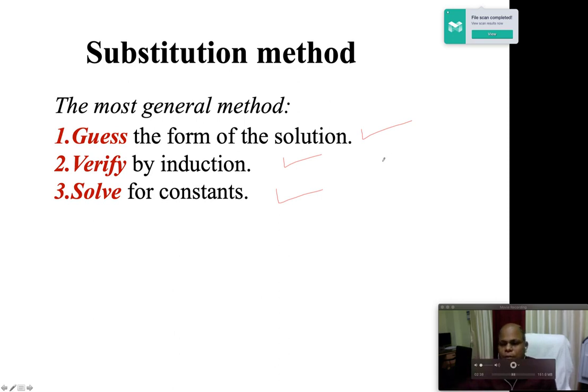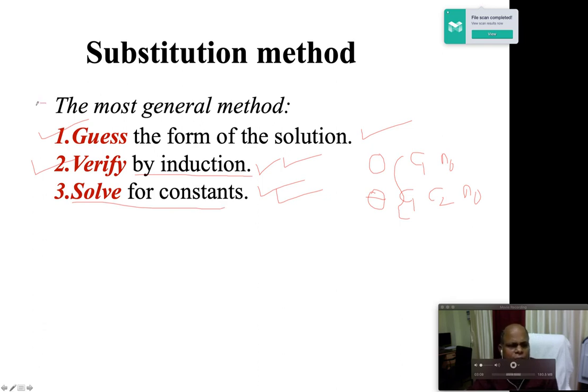For big O notation, the constants are C1 and n0. For theta notation, there are two constants, C1, C2 and n0. All these constants you will solve for. Hence, in the substitution method, you guess the solution, verify or prove it by induction, then solve for the constants.